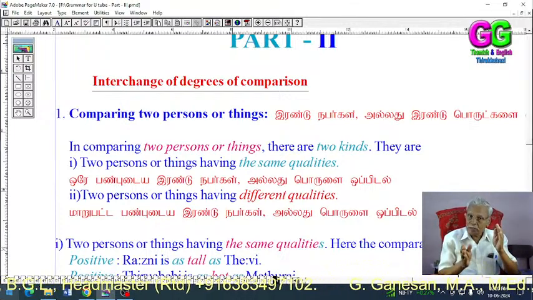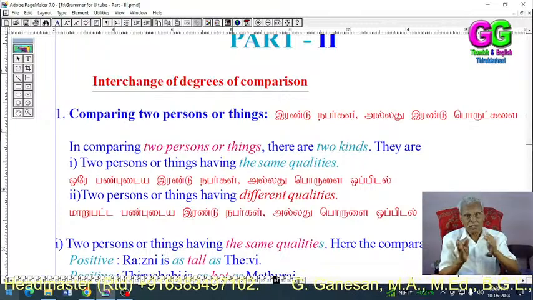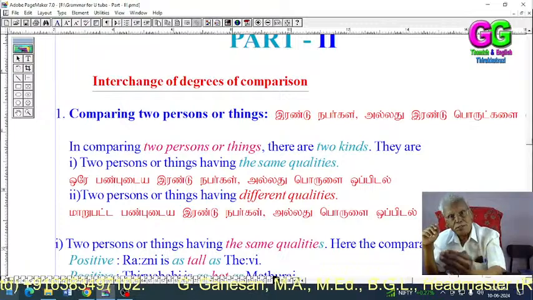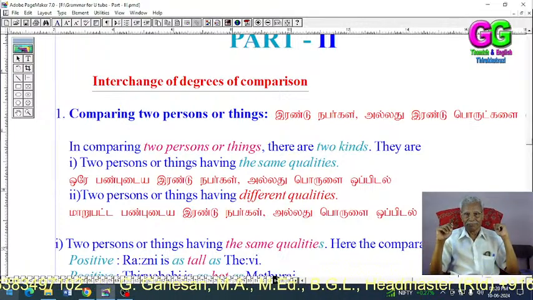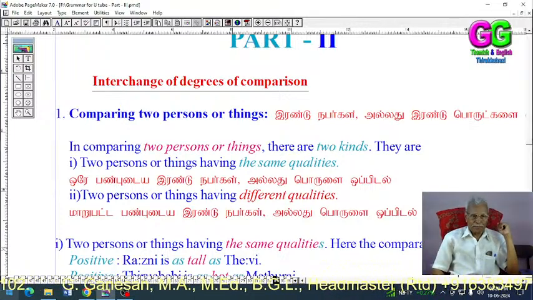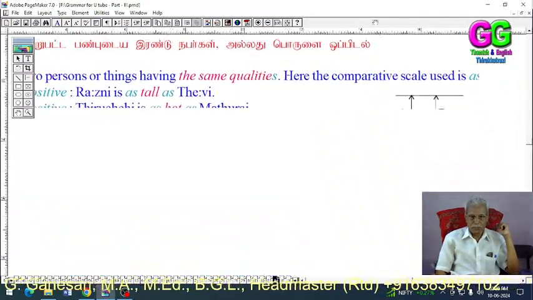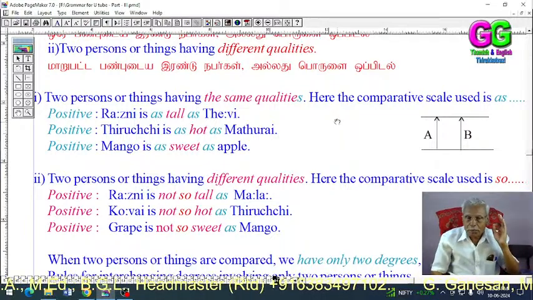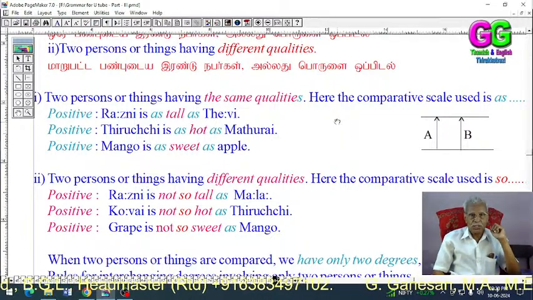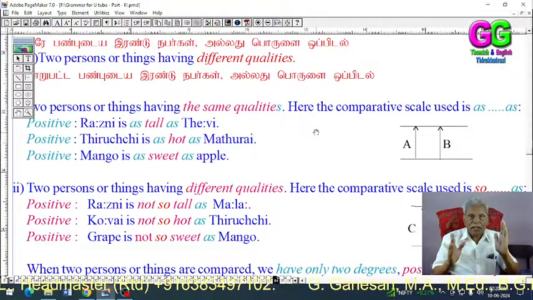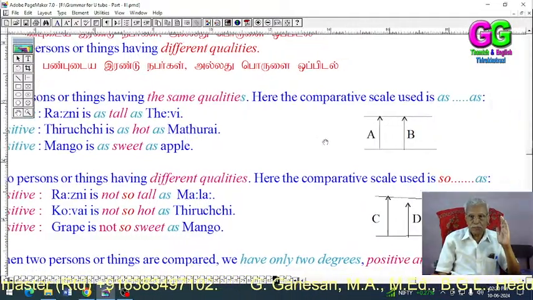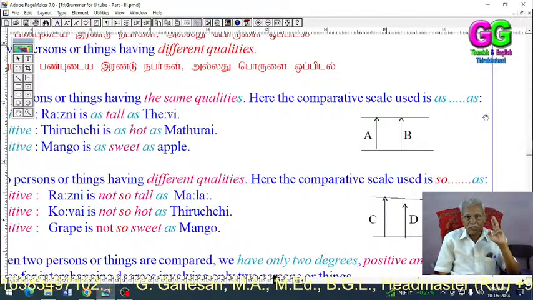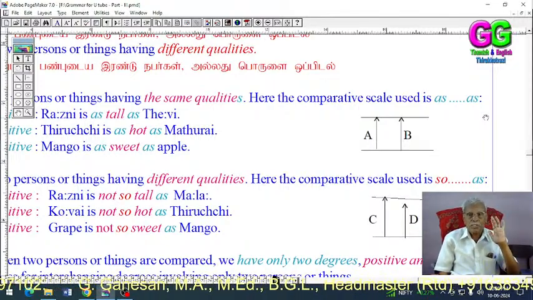And for comparing two persons or things having different qualities, we use another scale. Come, what are they? See, first, to compare two persons or things, the scale used is as.